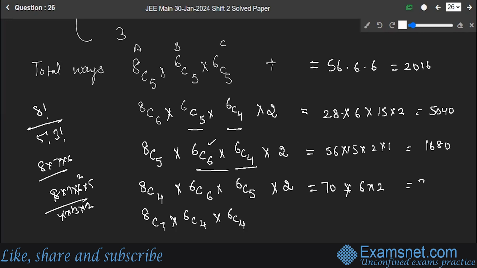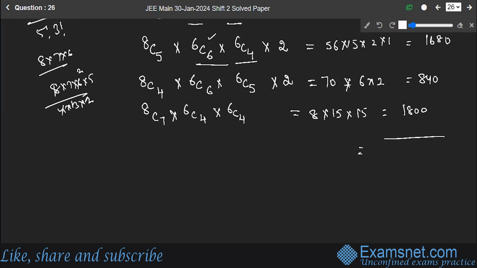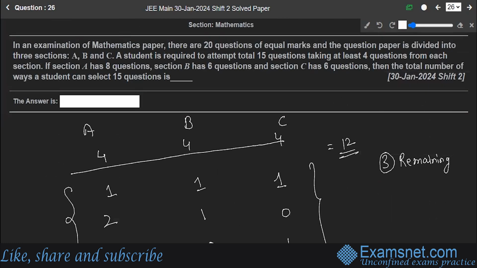This gives me 840. And this is 8 into 15 into 15. That is equal to 1800. So adding all of them, you will get a total of 11376. So this is the answer to the question. These are the total possible ways. Hope you're clear with this.